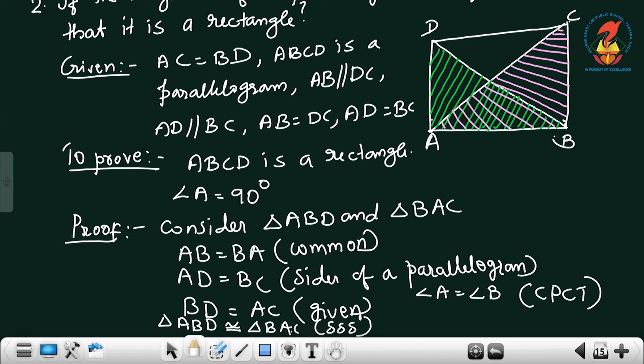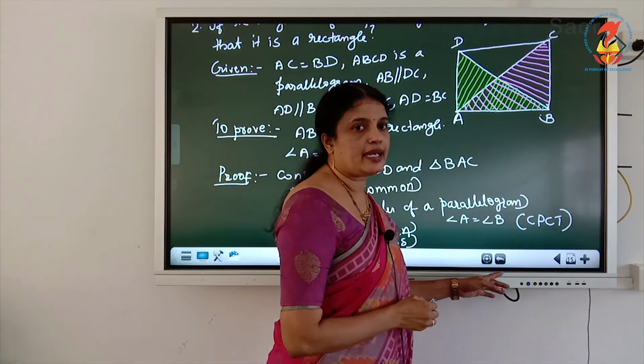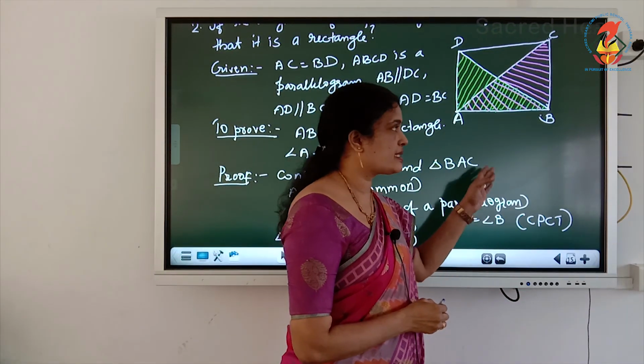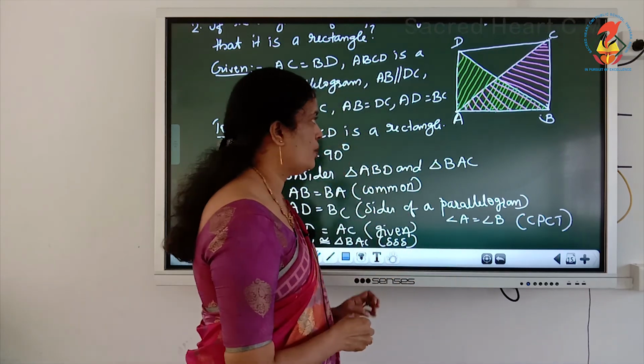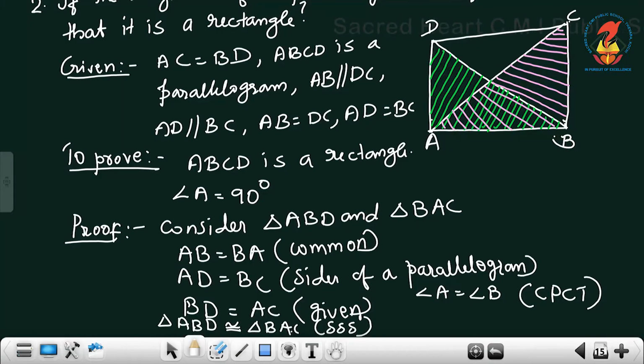Then angle A and angle B are supplementary angles, because they are interior angles on the same side of the transversal.